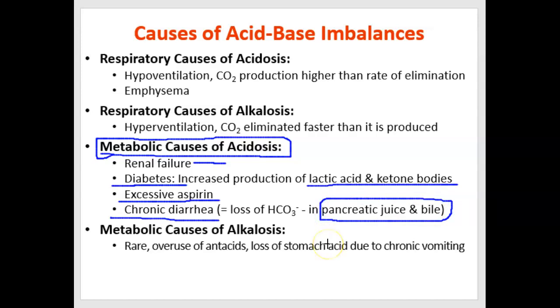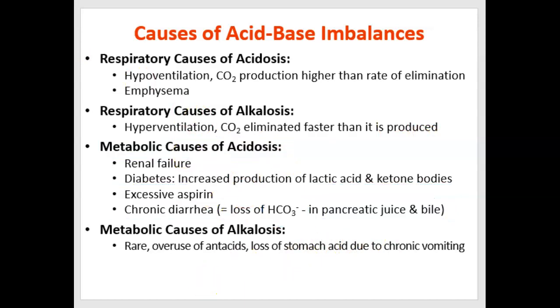I mean, we're talking chronic, going on for a long time, with certain bacterial and viral infections, for example. The pancreatic juice and the bile have bicarbonate in them. And so if you're getting rid of those, you're getting rid of bicarbonate and you're not able to buffer any hydrogens produced during normal metabolism.